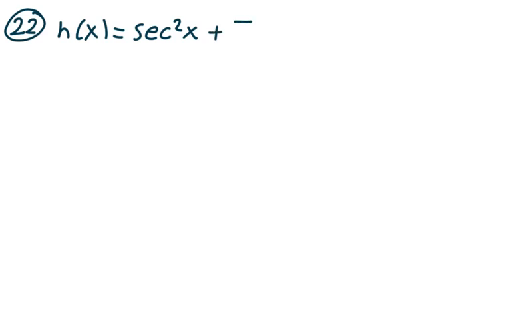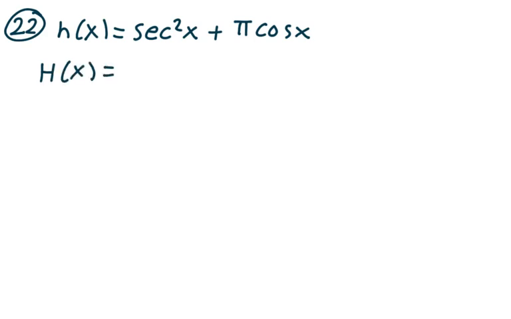Let's take a look at problem number, well, we'll go in order. Let's do 22. Suppose h of x is secant squared x plus pi cosine x. And I want to find the antiderivative that I'll call capital H of x.